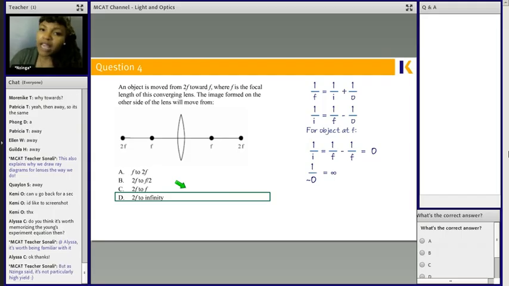Okay, and like I said, you can always come back and rewatch this lesson whenever you need to. So you figure out what happens to the object at F, and you figure out what happens to the object at 2F, to the image at F and the image at 2F.